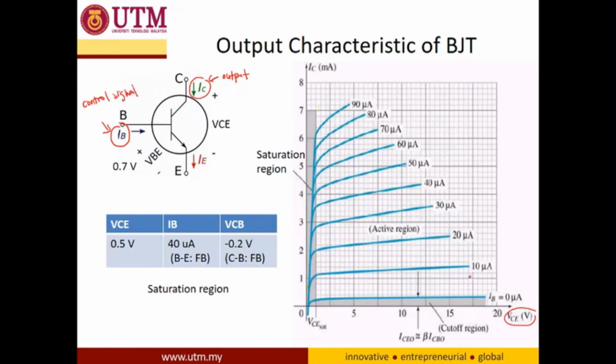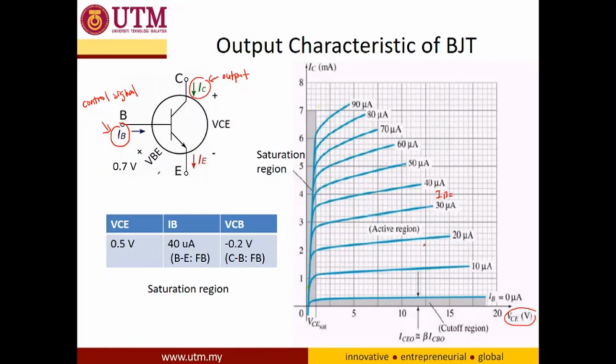So how you can understand this graph is, let's consider IB equal to 30 microampere.